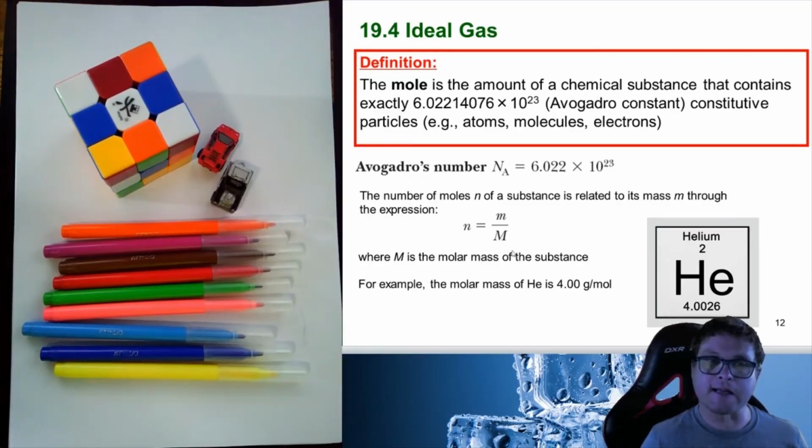If we would like to know what the molecular mass is, we can look on the periodic table, and it's given by the number as shown. For helium, this is the molecular mass. So the molecular mass means that 1 mole of the substance would have this mass, and we can use this equation to find out how many moles of the substance we have.